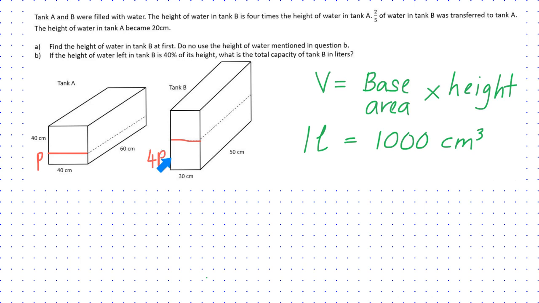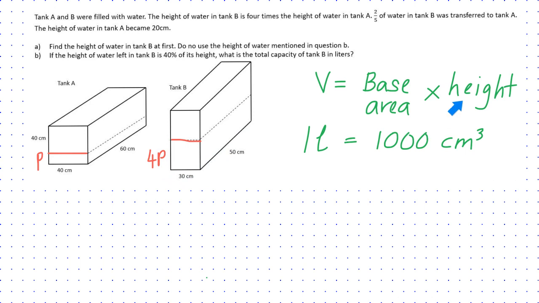water in tank B. So if we take a look at our first equation, the volume equation, the base area of tank B can be easily calculated because the breadth and the length has been given to us.